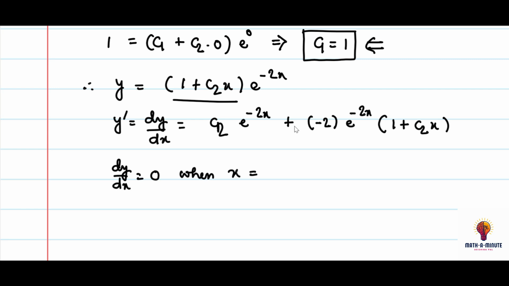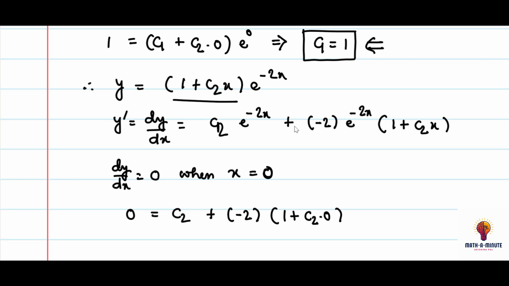If we put dy dx equals 0 and x equals 0, it will be c2 plus minus 2 times 1 plus c2 into 0.